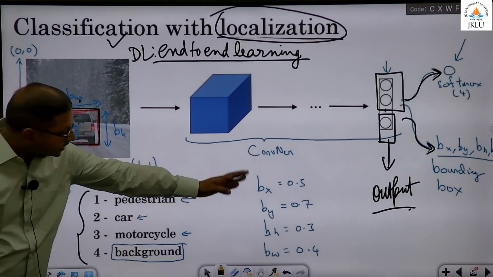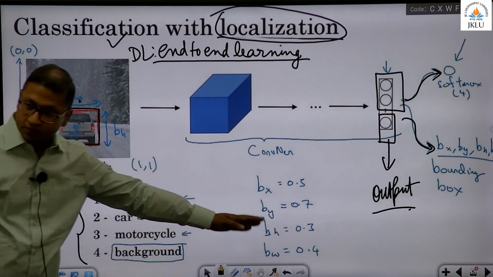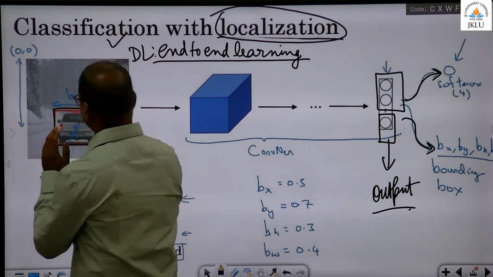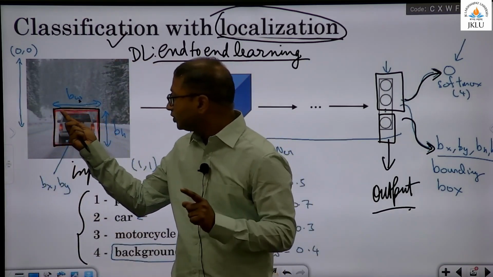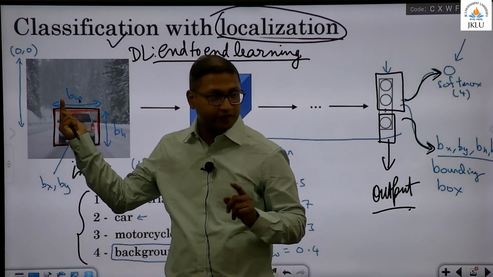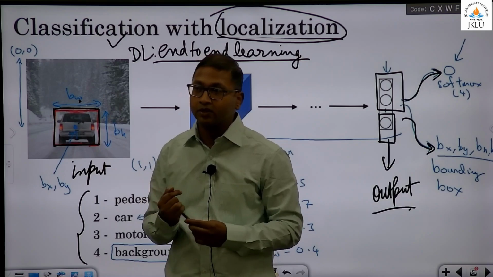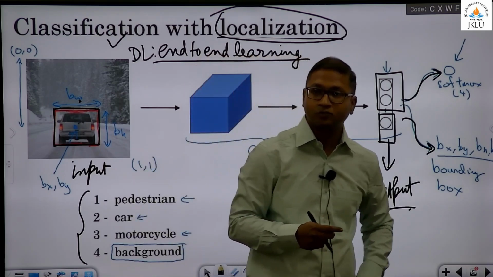So what is bx and what is by, what is bh and what is bw? If I have to fix this bounding box uniquely, what do I need?